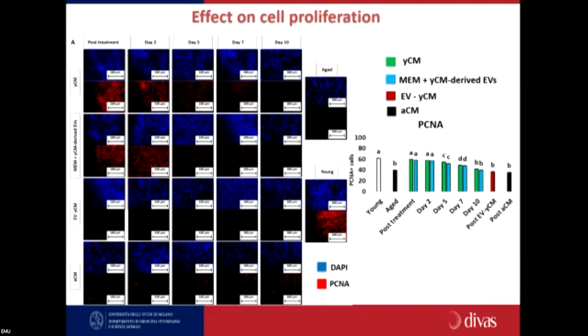So when aged cells were treated with EVs or with young cell secretome, we have an increase in cell proliferation, and this cell proliferation level is statistically comparable to young cells, while this effect is transient, temporary. So as we can see from the graph on the right, at day 10 of culture, aged cells reduce their proliferation and come back to the original.